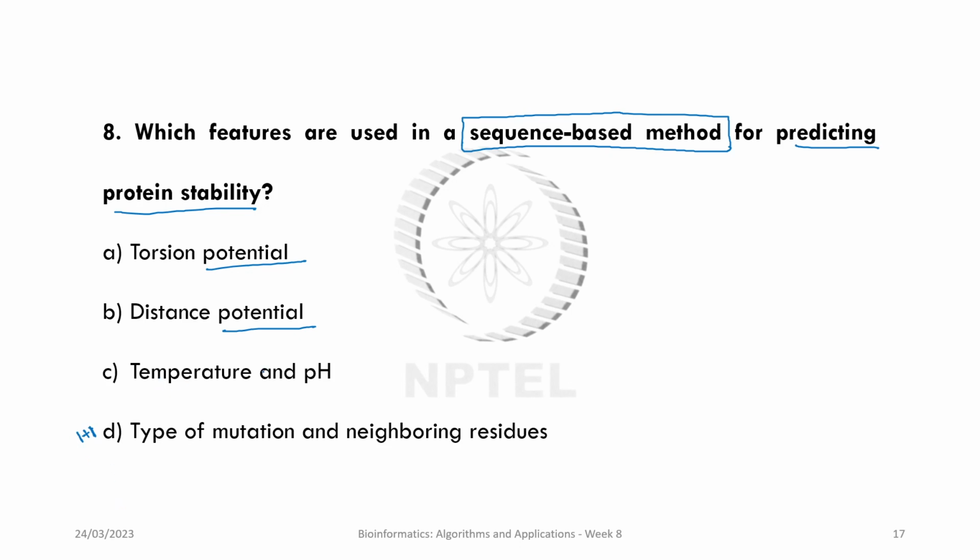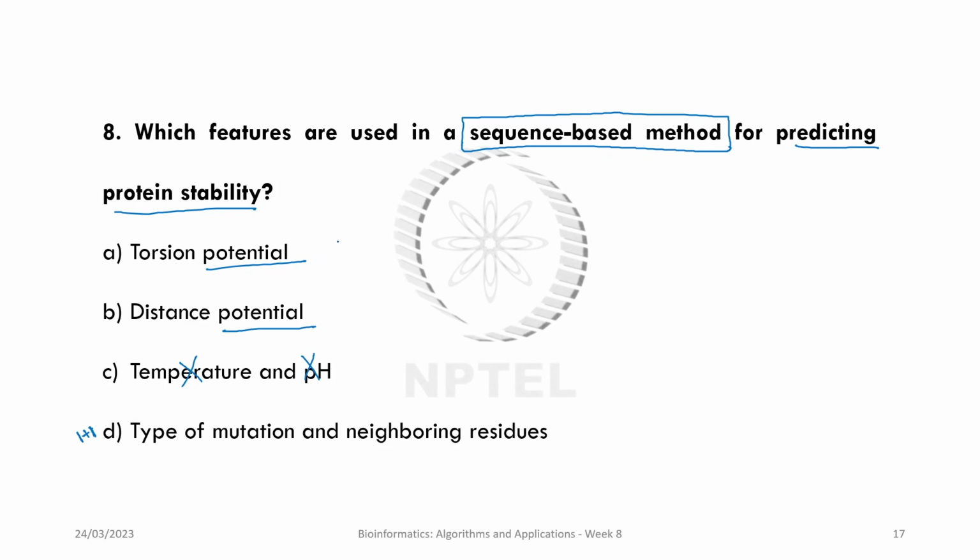So in sequence based method, definitely you're not going to use temperature and pH on predicting protein stability. And therefore, when you're talking about sequence, torsion potential and distance potential are also not the obvious answers. But in case you're getting confused by the previously discussed questions or concepts, that's why I went a few slides before to show.